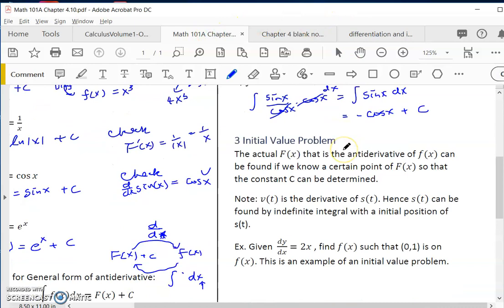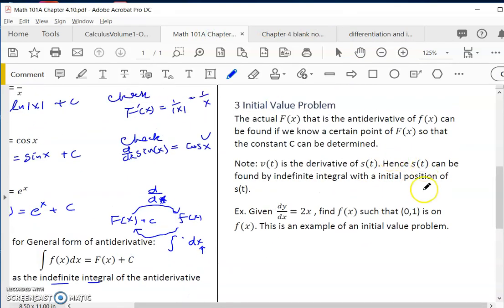Okay. So the last part of 4.10 is something called the initial value problem. It is to find the real f of x, the antiderivative of f of x, if we know some point of the big F of x, the one that you have not done the derivative on.